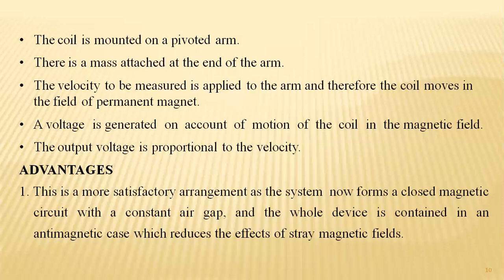So the velocity or output voltage generated within the particular fixed range of magnetic field leads to identifying or measuring the velocity.